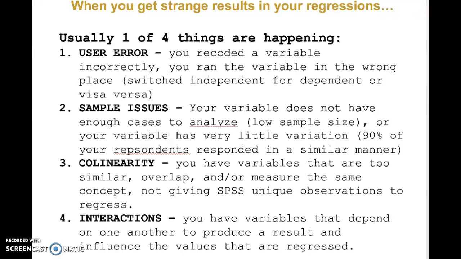The 4th one is more rare, but it does happen: you have an interaction going on. You have variables that depend on one another to produce a result, and it influences the values that are regressed. When we study race and social class, we often have an interaction between those two variables, because those two concepts definitely influence each other, especially when you look at discrimination and wealth distribution, inequality, things like housing practices or welfare programs.